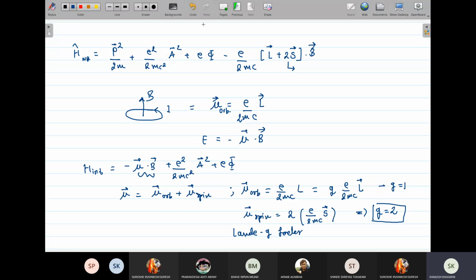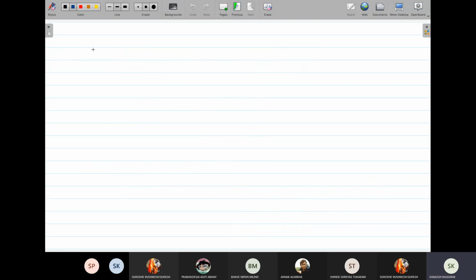And that correction, if I remember correctly, will be 2 plus 0 point, some factors, and there will be some 8, 4 something.